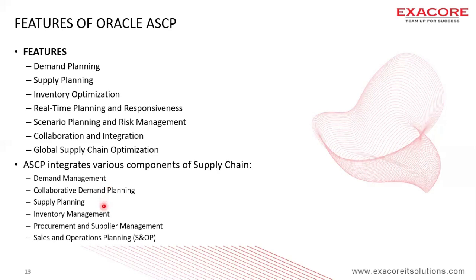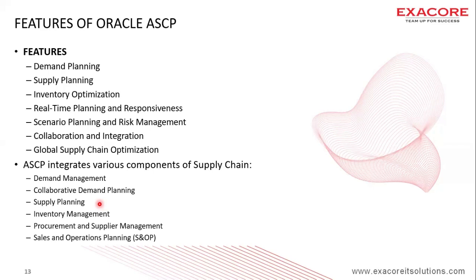In supply planning, the supply of materials will be aligned with the production plans. We need a supply of materials to meet the demand. So the supply of materials will be aligned with the production schedule, and it will also consider the lead times and the inventory levels, so that the supply of materials will be constant throughout.